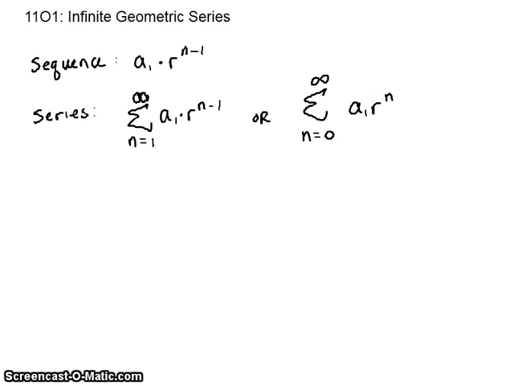We're going to try to write our series this way so we can jump straight to our answer, because the infinite series is going to converge to the value a1 over 1 minus r if and only if the absolute value of r is less than 1.